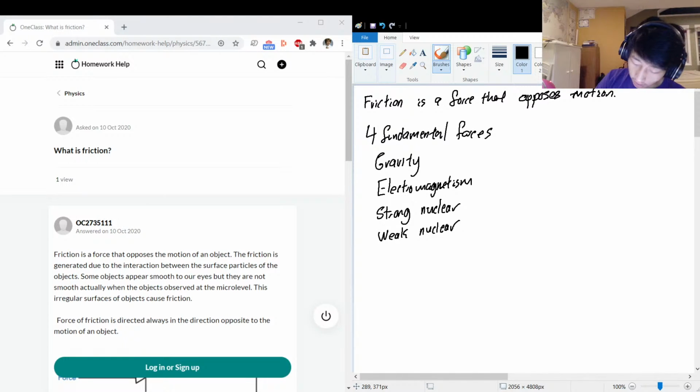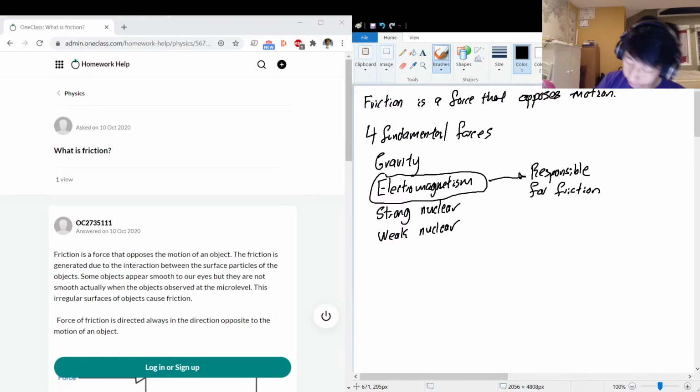Now, electromagnetism is the one that is responsible for friction. Okay, strong and weak nuclear, kind of like the name suggests, are only really related to nuclear physics. Gravity, you know, makes things fall.